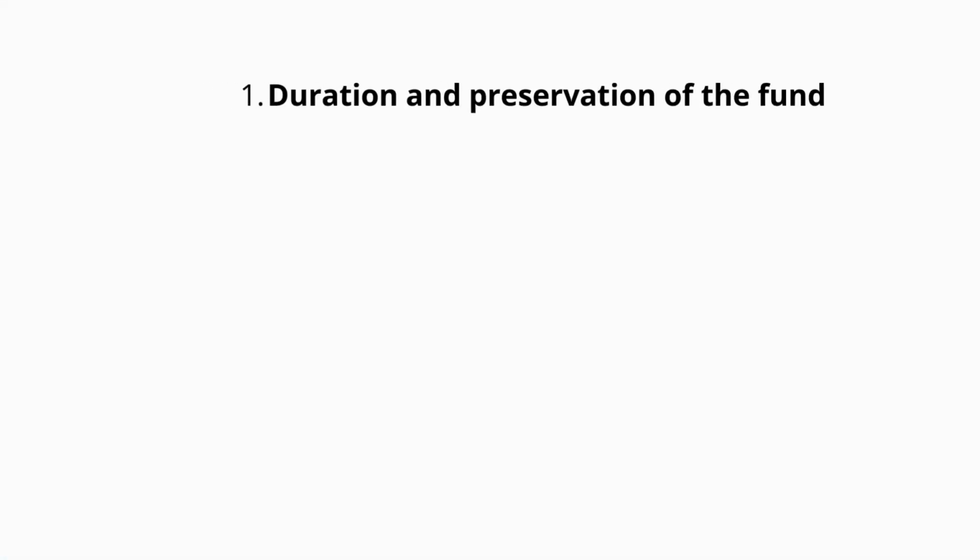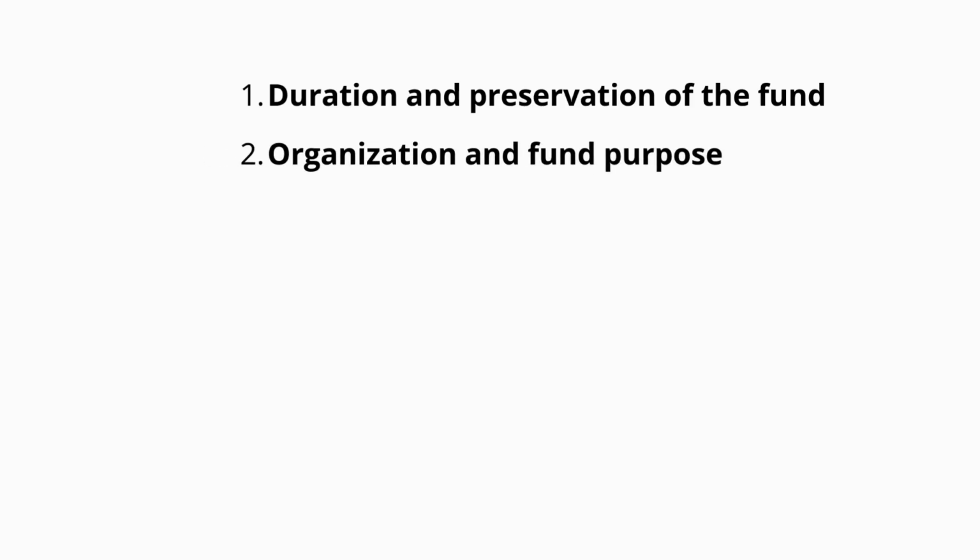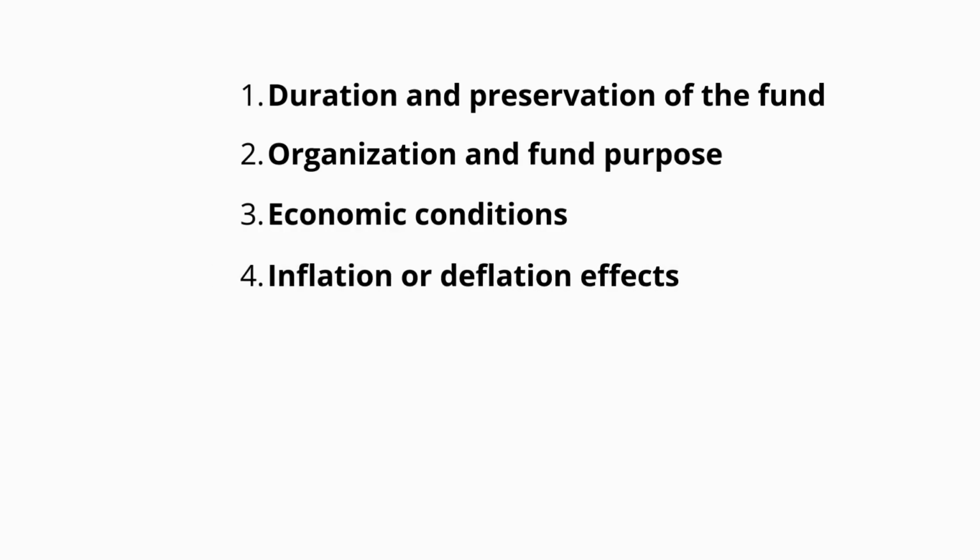Each board member or committee must consider 7 critical factors when setting spending rates and evaluating investment choices. Number 1, the duration and preservation of the fund. Number 2, organization and fund purposes. Number 3, economic conditions. Number 4, inflation or deflation effects.